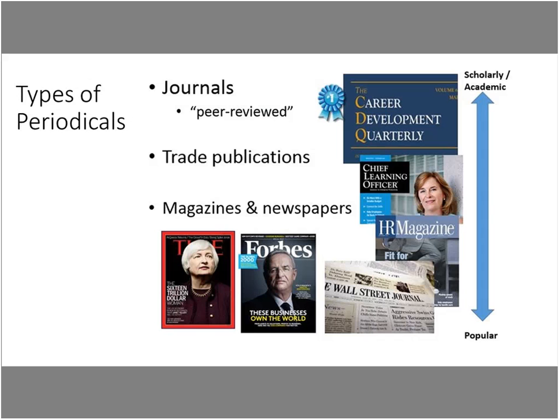So first up, just a general note about types of periodicals. There are basically three types of periodicals that the library talks about. The most often used or requested by faculty members are journals, sometimes called scholarly, academic, or peer-reviewed journals.